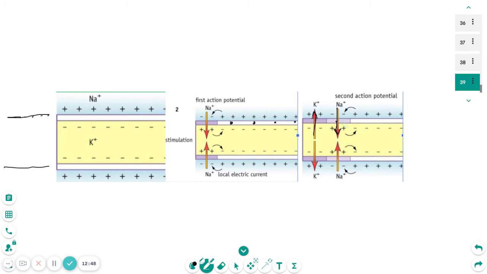And this region here is going to cause another depolarization here, and whilst this is depolarizing, this will begin to repolarize, and this depolarization will cause depolarizing here, and this will repolarize. So it keeps this Mexican wave effect happening as we go along.